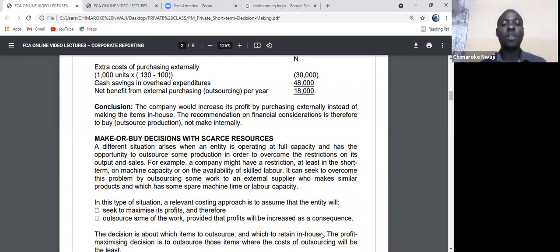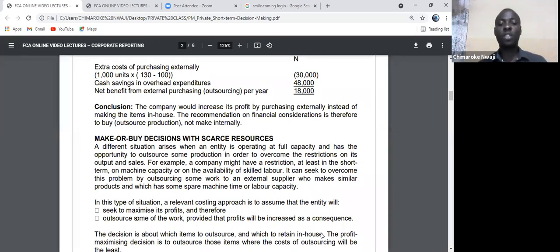For example, a company might have a restriction, at least in the short term, on machine capacity or on the availability of skilled labor. It can seek to overcome this problem by outsourcing some work to an external supplier who makes similar products and which has some spare machine time or labor capacity. We're going to see that in a moment in a question.